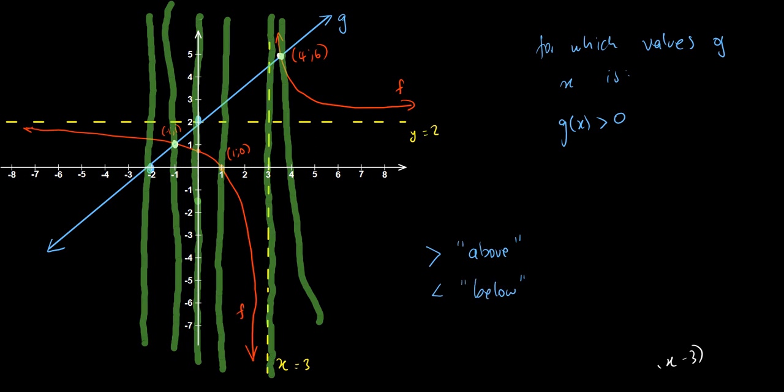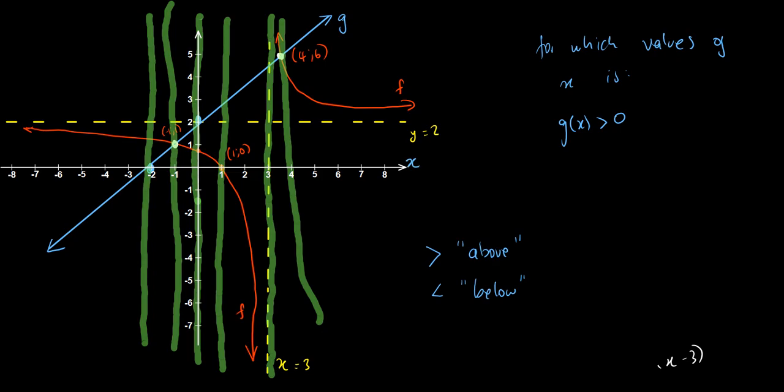So when it says for which values of x is g greater than 0, what it means is, where is the graph of g above 0? When we say above 0, we mean above the x-axis.